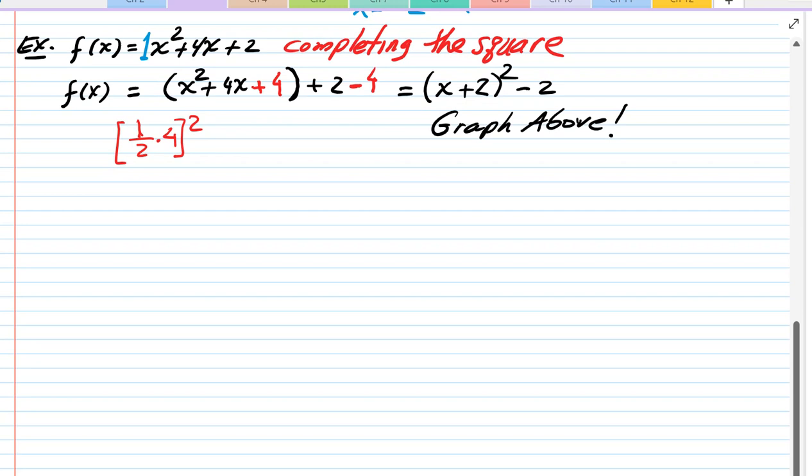Alrighty, let's take a look at another example. For this one, let me go in polynomial form. F of x is equal to x squared plus 2x plus 1. Now for this one, let's say we want to find the vertex, the axis of symmetry, and determine whether it's concave up or downward.